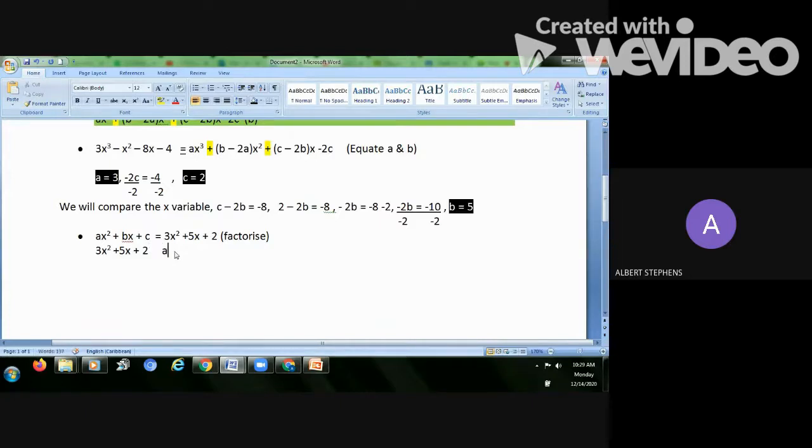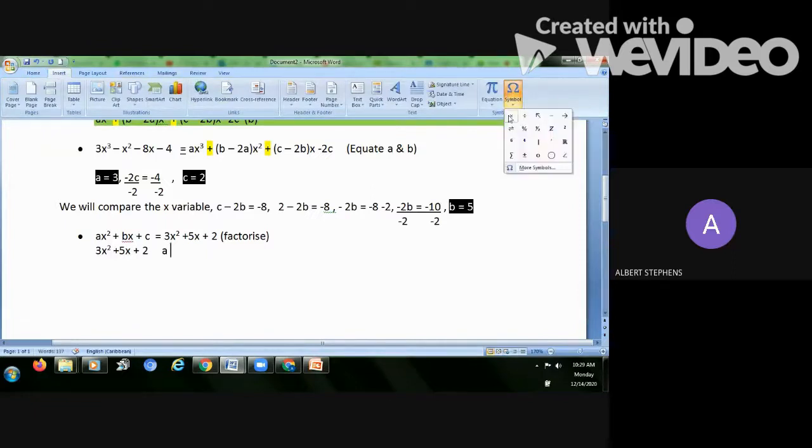Multiply A times C. That's the first thing you do. You multiply A times what? C. That turns out to be 3 times 2, which is 6. All right?